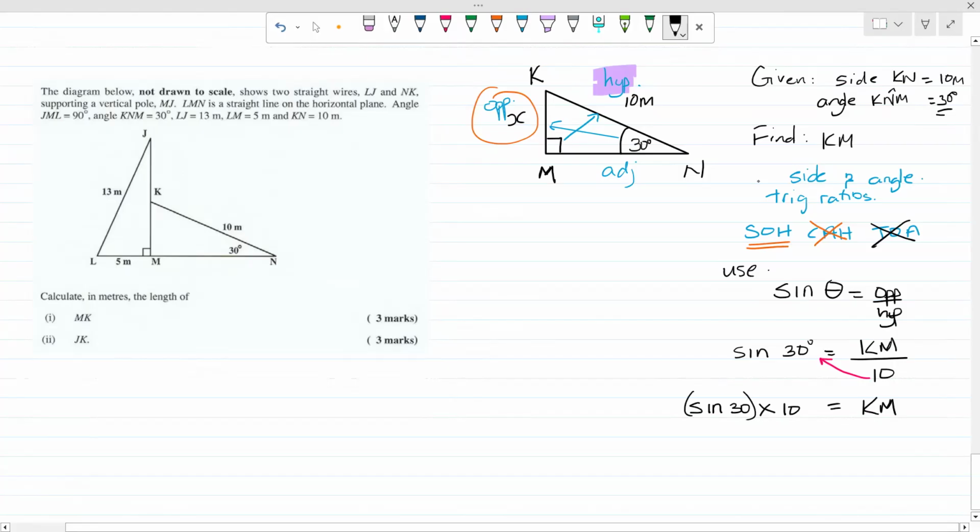Can you check that for me? Tell me what you get. Drop it in the chat.